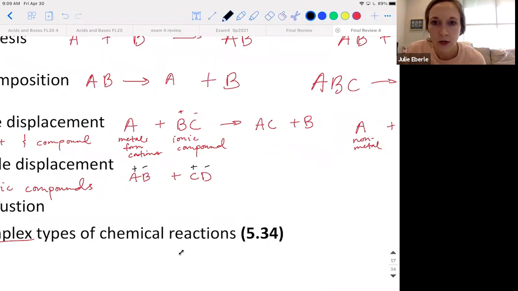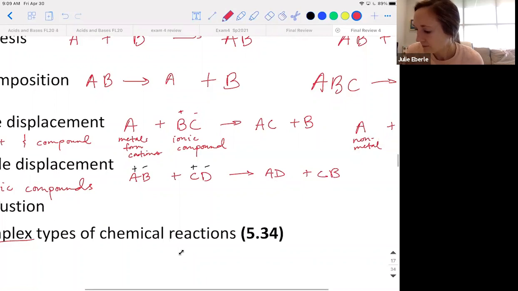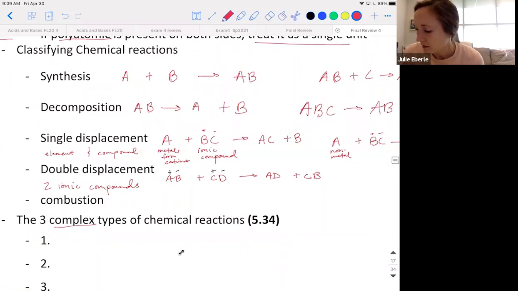So the cations are going to switch and combine with the different anions. So we get AD and you got to write C first, CB. And that's the only arrangement you can get.